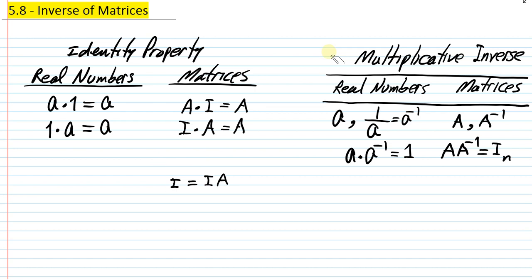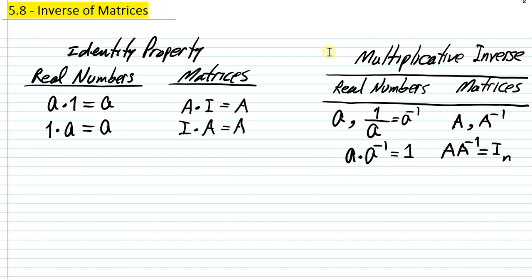And then we have the multiplicative inverse property with real numbers. The multiplicative inverse of a is a number 1 over a, which we can write with negative exponents as a to the negative 1. It is the multiplicative inverse because the product gives you 1. Now with matrices, if a matrix is A and its inverse, we call it A inverse, using the same notation as we did with real numbers, then we can multiply these two matrices.